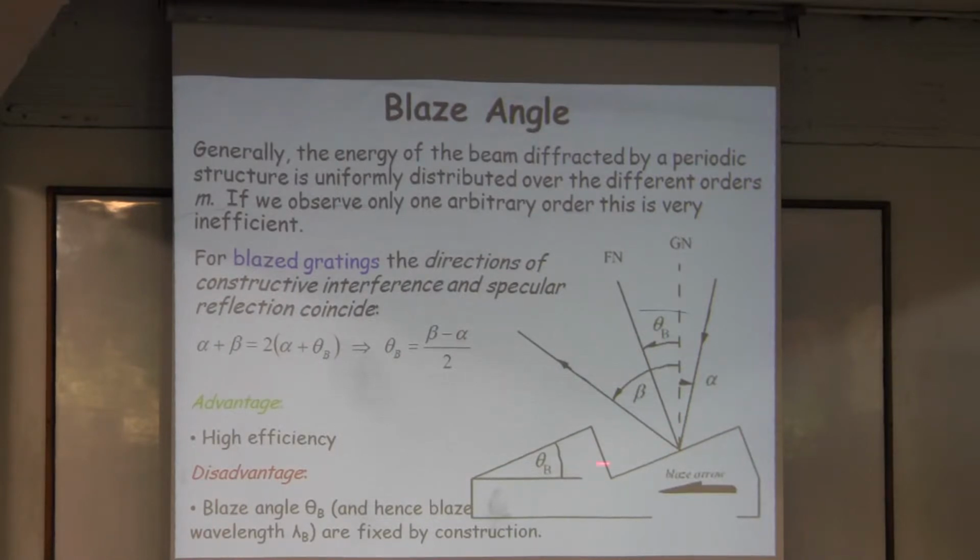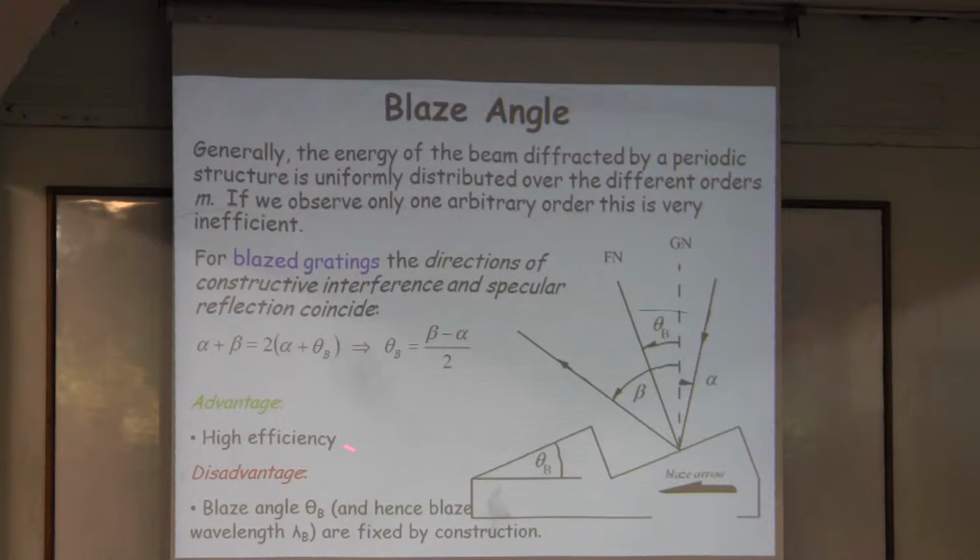This is called the blaze angle, and gratings that are operated in this condition are called blazed gratings. The reason is that in this condition most of the light is preferentially reflected in this direction, and you have a high efficiency.